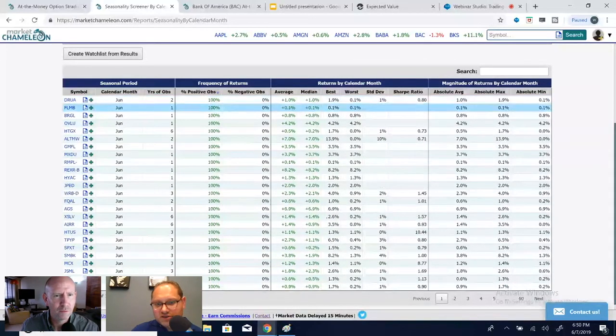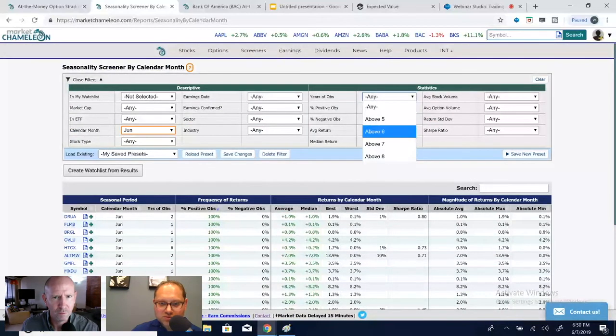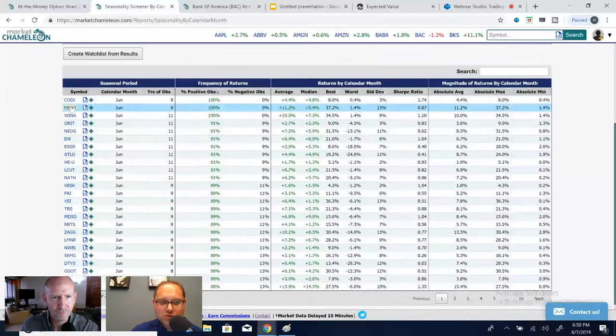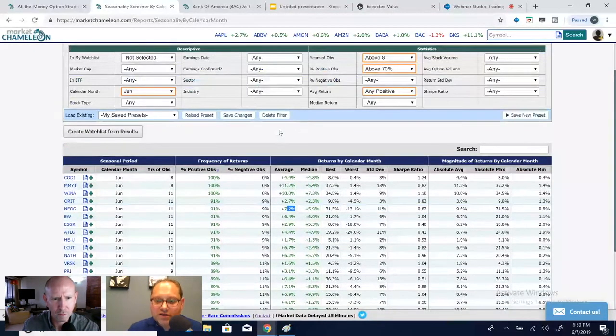So if you're playing this, and you think, on average, this has increased 7.2% by the end of June, then you want to make sure whatever expiration you pick covers the end of June. But it really depends on why you think the stock's going to go up in the next two weeks, three weeks.